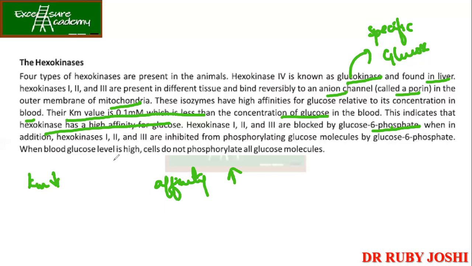When the blood glucose level is high, it will not phosphorylate all glucose molecules. Yes, ma'am. Okay, yes, same thing: when there is not much need, there is no need to undergo the process.